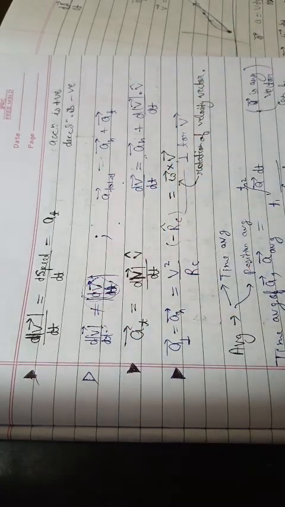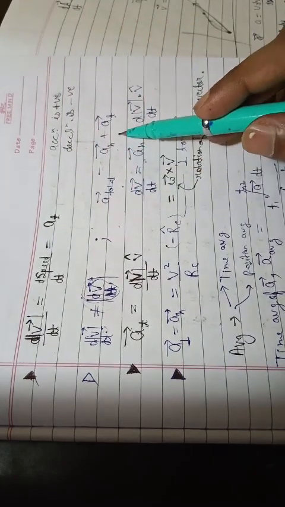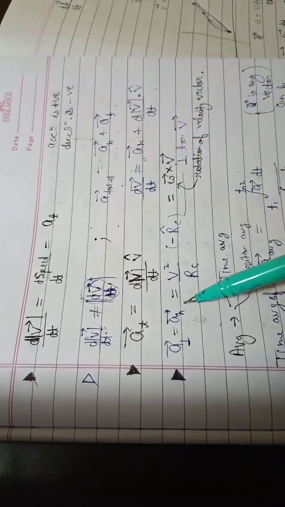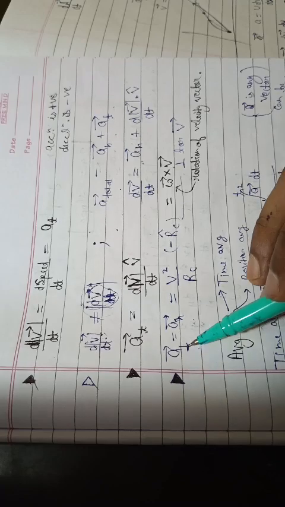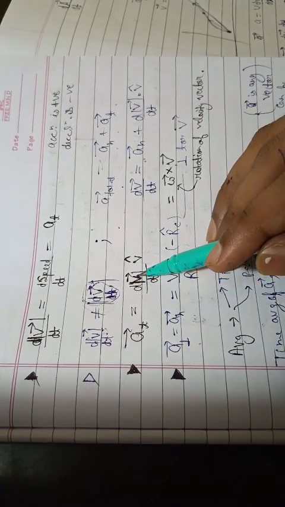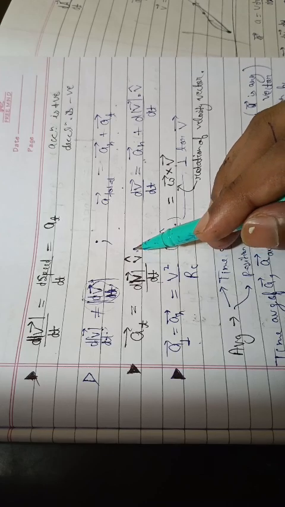So both are different, and the total is given by the normal and the tangential. The tangential acceleration is given by this, the rate of change of speed along the direction of velocity.